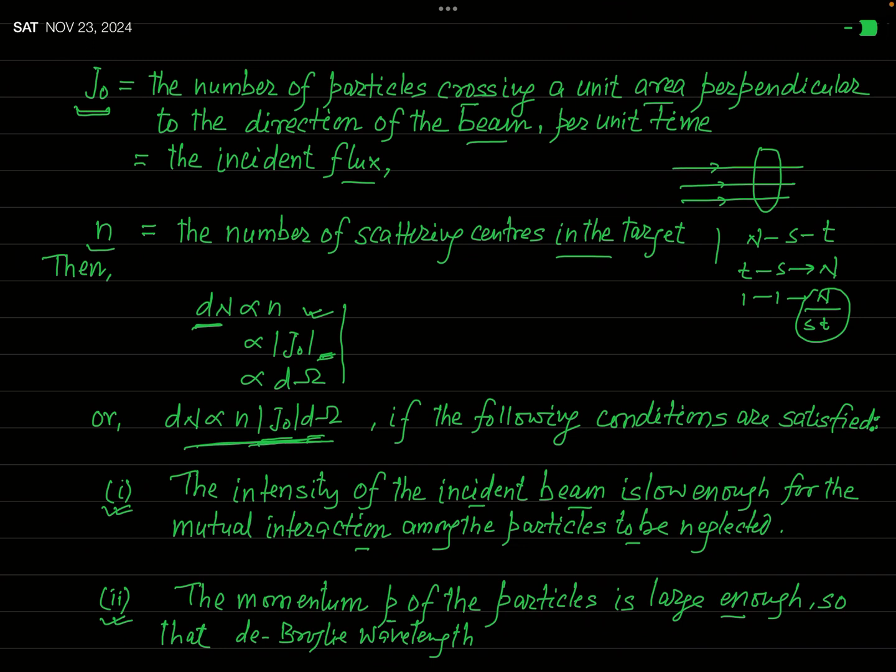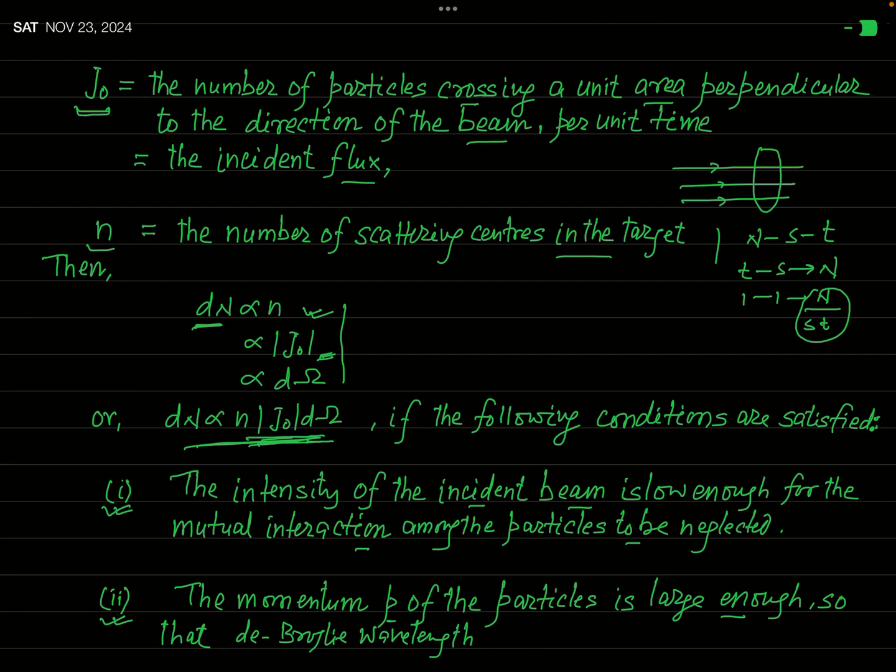So, in a particular experimental setup, these two conditions are not strictly followed, and therefore we have to choose an intermediate path. And in that intermediate path, we have to select an optimum value of J naught, that is the intensity, and the momentum P. But for the time being, let us consider that these conditions hold good, and then we can write that dn is proportional to this much.